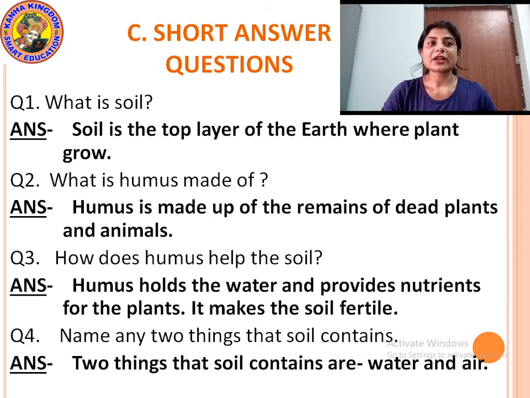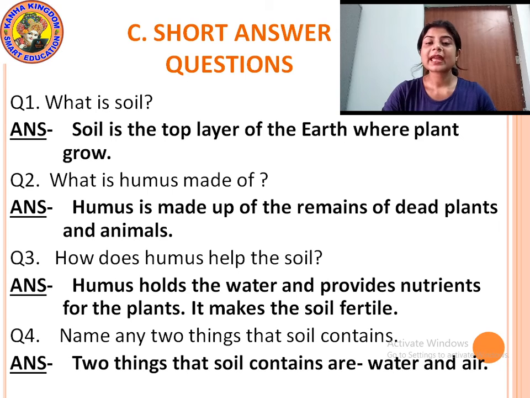Okay? Question number 3. How does humus help the soil? Humus holds the water and provides nutrients for the plants. Full stop. It makes the soil fertile. I repeat the answer again. Humus holds the water and provides nutrients for the plants.